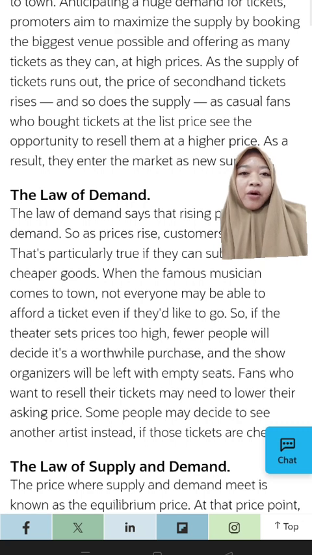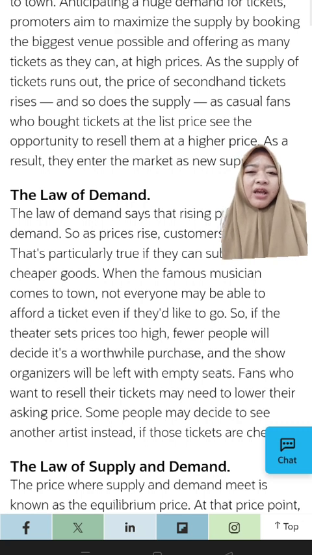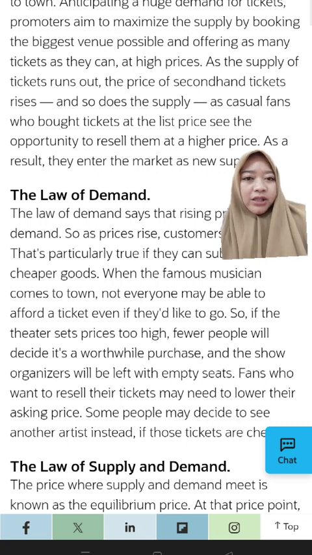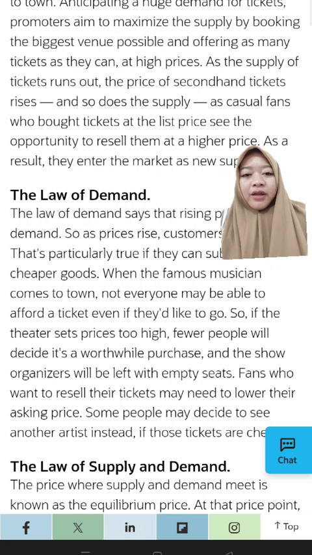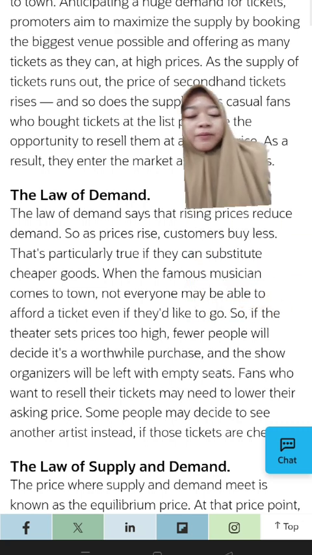As the supply of tickets runs out, the price of second-hand tickets rises, and casual fans who bought tickets at the lowest price see the opportunity to resell them at a higher price. As a result, they enter the market as new suppliers.